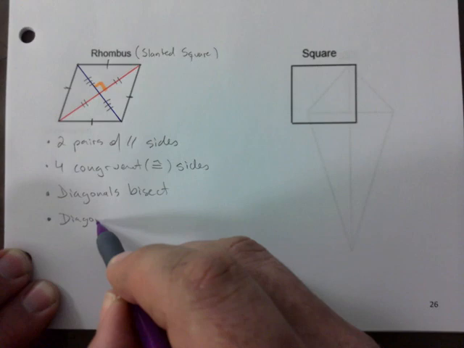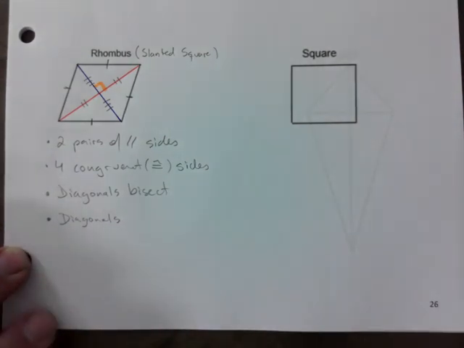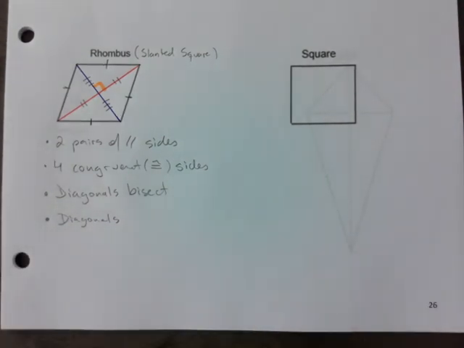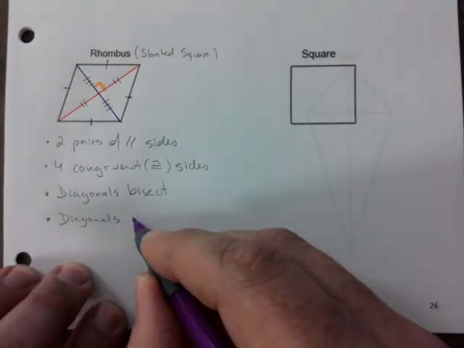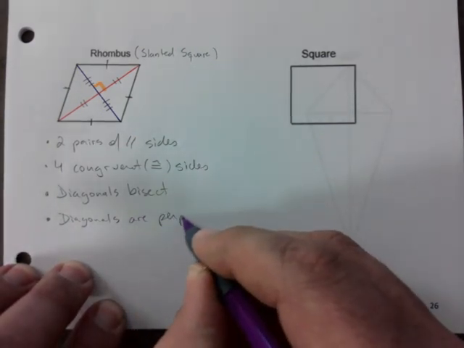Diagonals. What's the word for meeting at a 90? Starts with a P. Perpendicular. You've heard of that before, correct? I hope so. Diagonals are perpendicular.